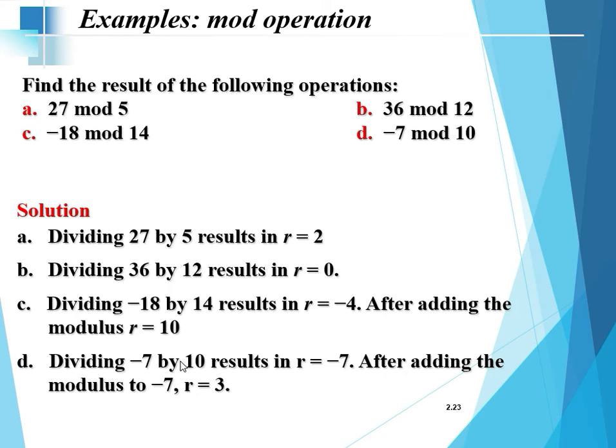Minus 7 equal to minus 10 plus r. If minus 10 moves to the other side, then the equation is negative 7 plus 10 equal to r, which is equal to 3. It's up to you. You can use the direct method or you can go with this formula.